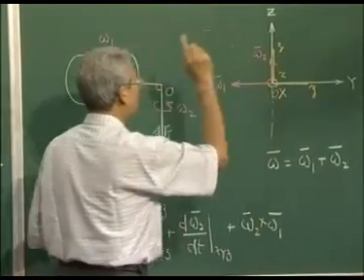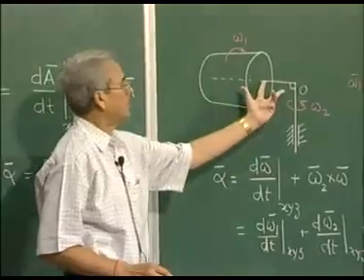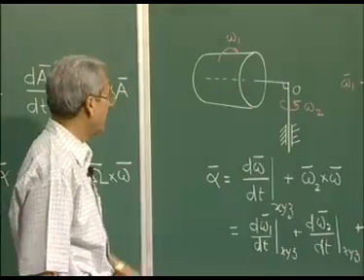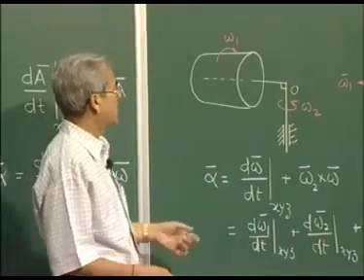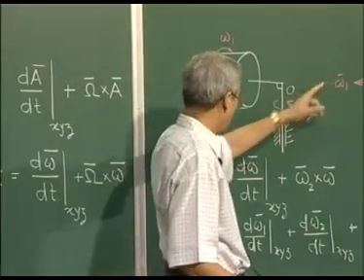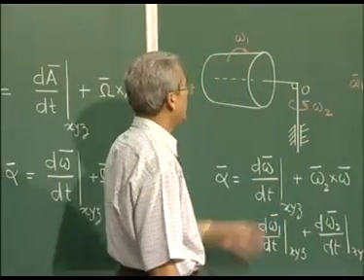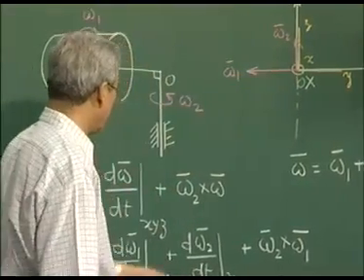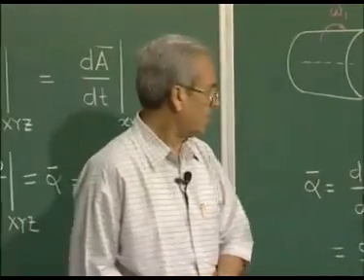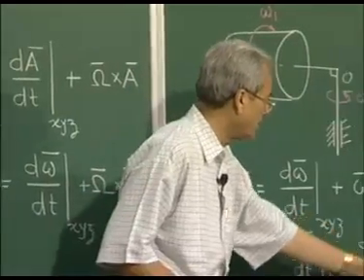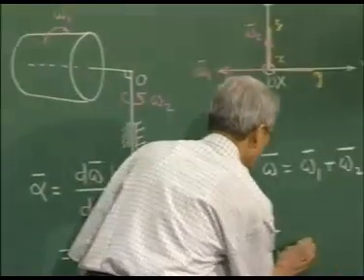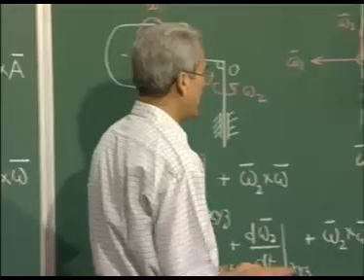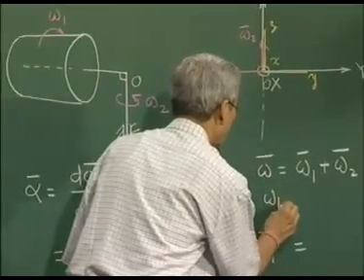An observer sitting with the moving horizontal shaft will not see any change in the angular velocity omega 1. So, this will be 0. Similarly, this observer will also not see any change in the omega 2 angular velocity component. So, that will be also 0. So, this is in a particular case where omega 1, omega 2 are constant.